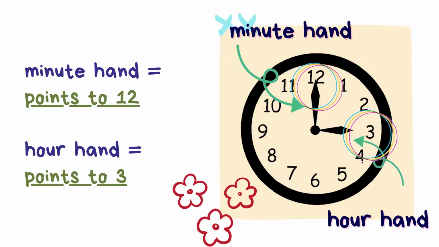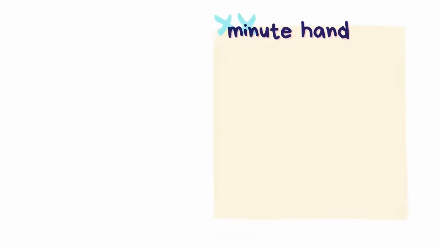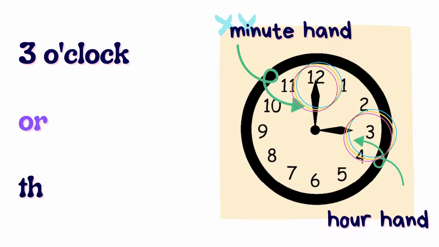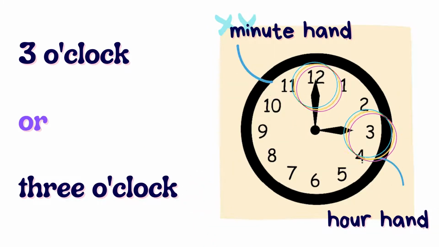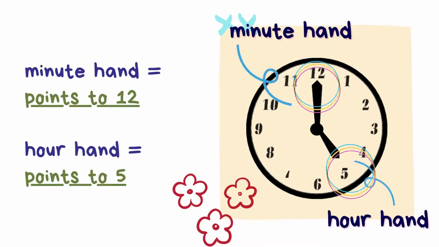And the hour hand is pointing sharply to number 3. This is what we call 3 o'clock. The time for this clock face is 3 o'clock.